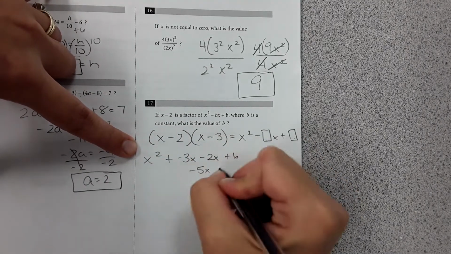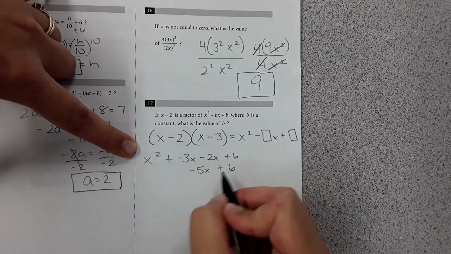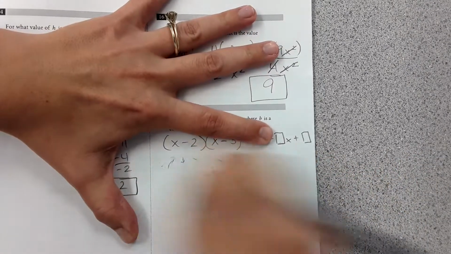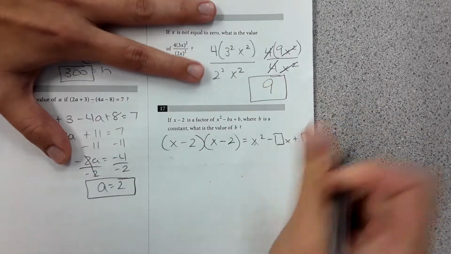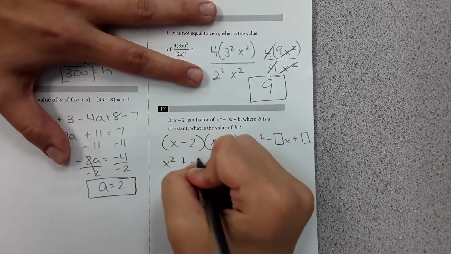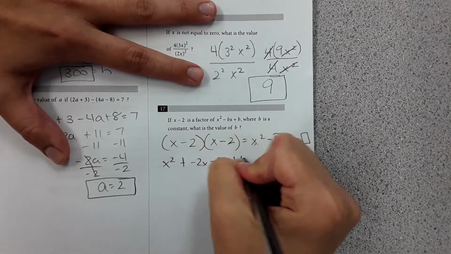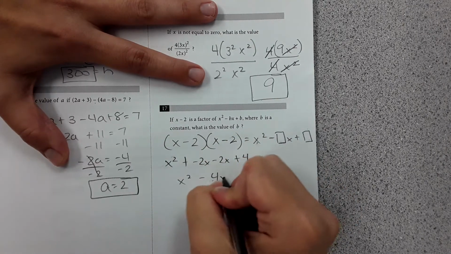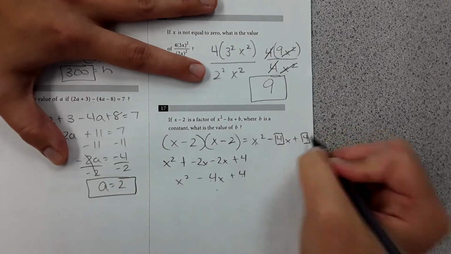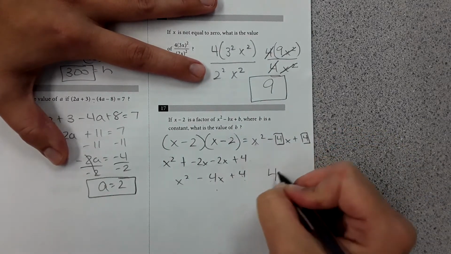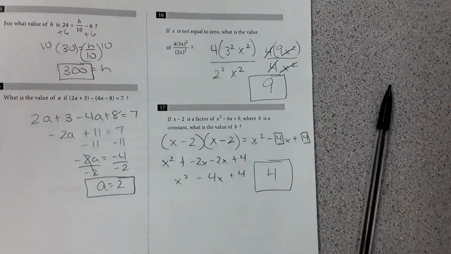Here I get negative 5x plus 6, so I don't get the same digit. But when you plug in 2, you get x squared, you get 4, and it fits right into what you were given. So the answer here is 4. And that's it.